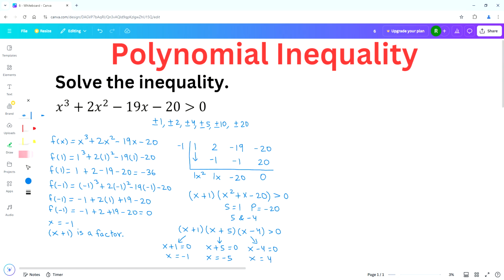There are three x-intercepts, negative 1, negative 5 and positive 4.